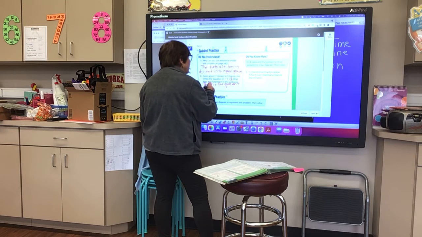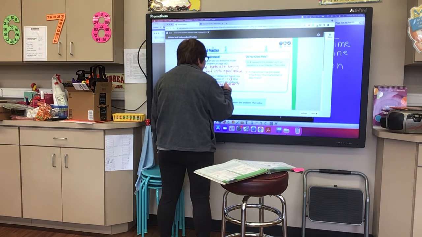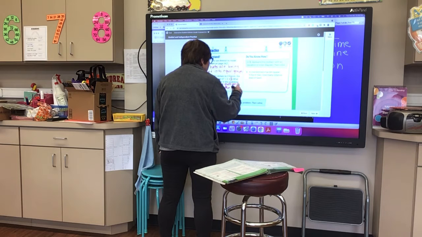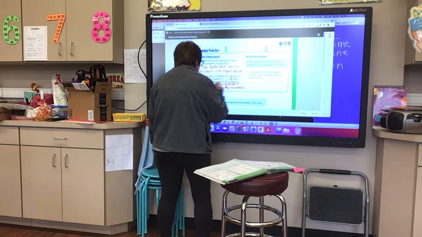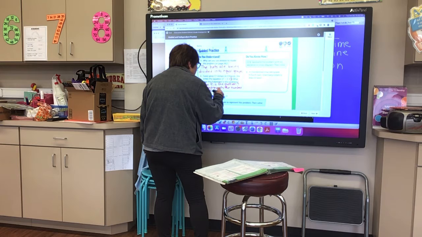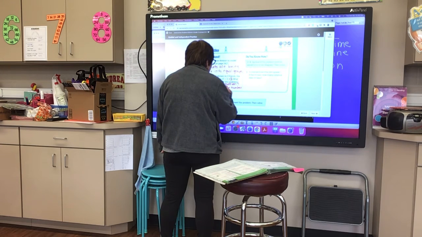And so we're going to say the 9 is the quotient and represents the number of stickers each friend gets.